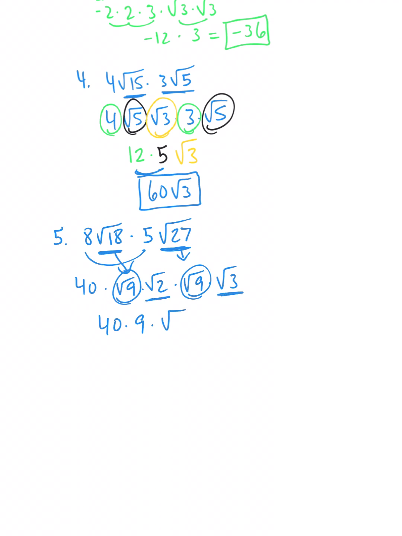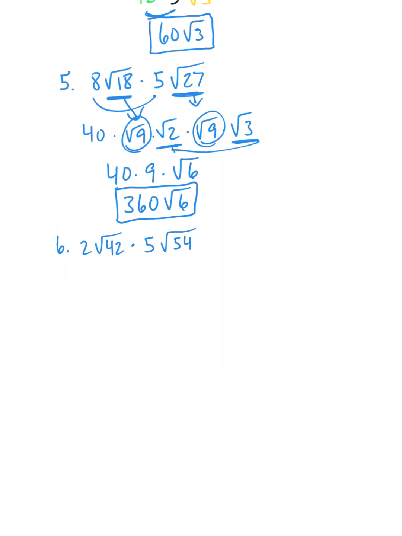So we will have to leave that as the square root of 6, since we cannot simplify 2 or 3. We'll multiply those radicands together. 40 times 9, we'll think about 4 times 9 is 36. So 40 times 9 is 360 times the square root of 6, and that is our final answer.